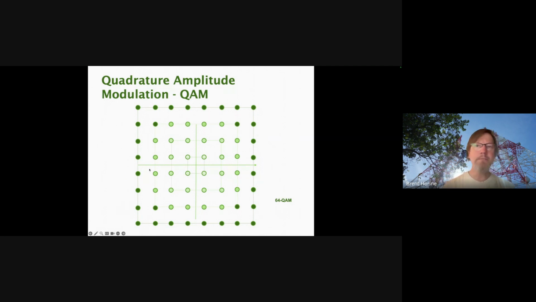So some communication systems, Wi-Fi and LTE or 5G, they all use quadrature amplitude modulation kind of inside a more complicated waveform that we'll talk about in a few weeks, called orthogonal frequency domain multiplexing.